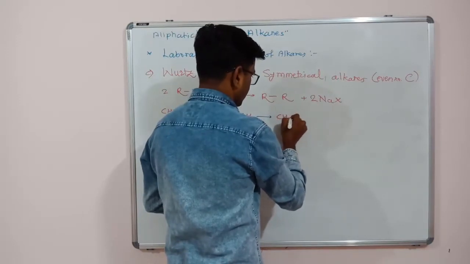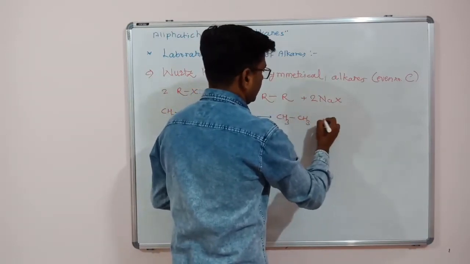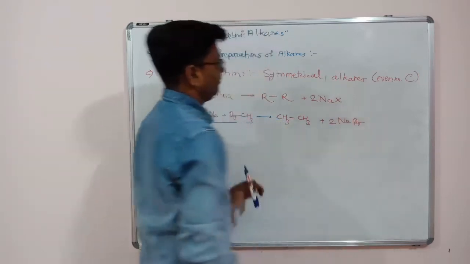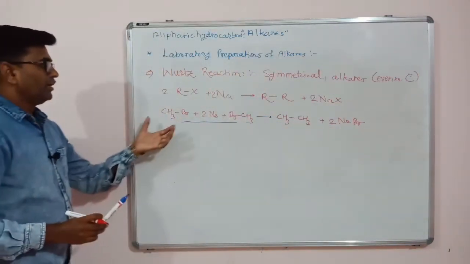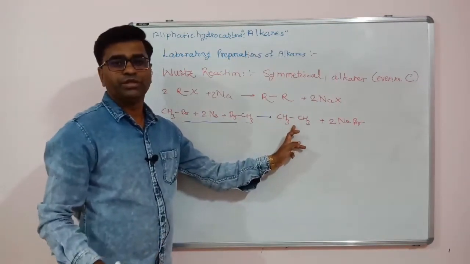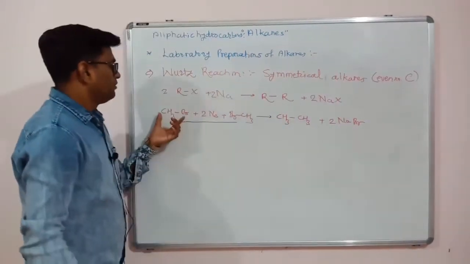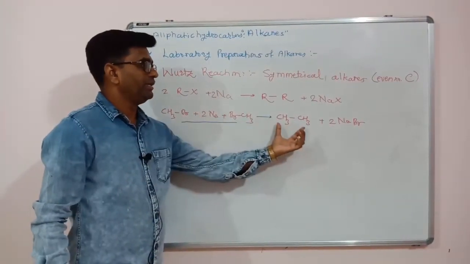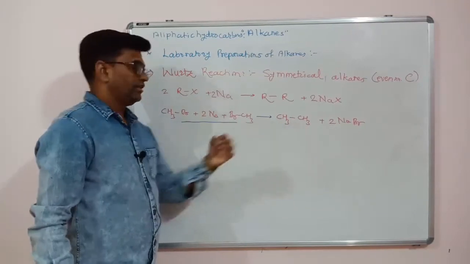So CH3CH3 plus 2 NaBr. So in this way, methyl with 1 carbon ends up as a 2 carbon product. So methyl bromide reacts with sodium, then we will get ethane.